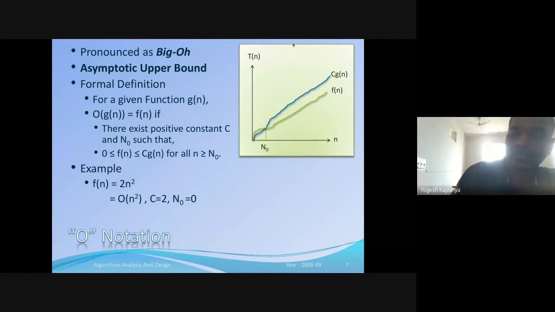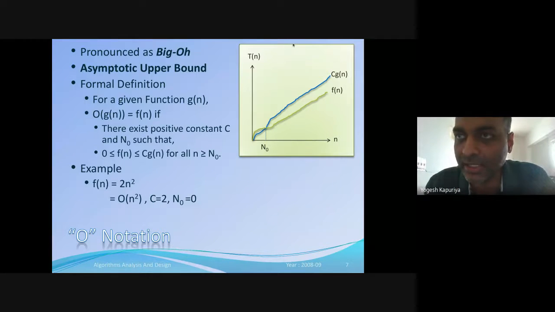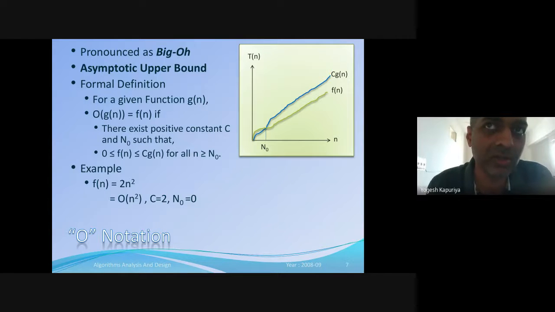To understand this, if I want to say that 6 is greater than 5, then I will say that I will only consider 6 as a Gn, because 7 is also greater than 5, 8 is also greater than 5, 9 is also greater than 5, infinity is also greater than 5.